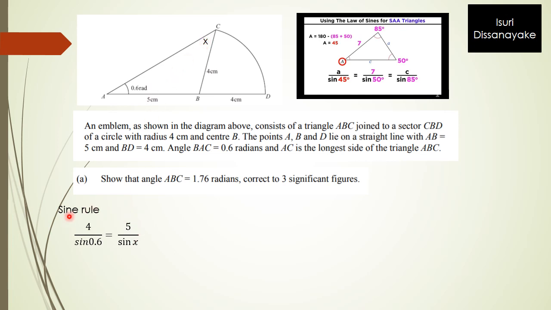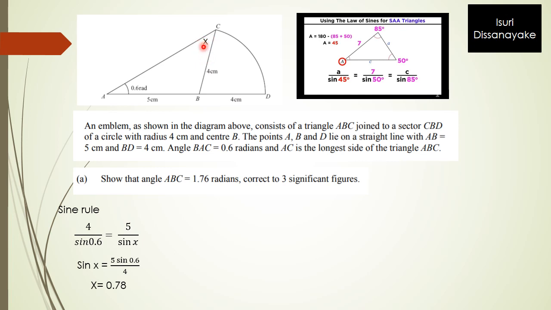You have to know how to apply the sine rule correctly. You have to practice the sine rule separately before you do this sum. And when you simplify this, x is equal to 0.78 radians. So the angle x is equal to 0.78.